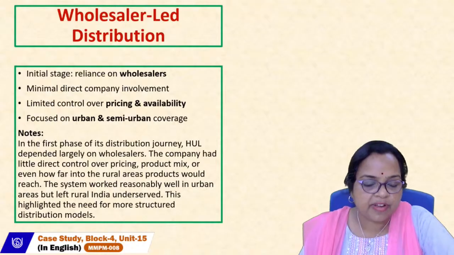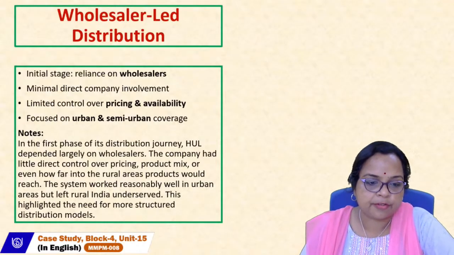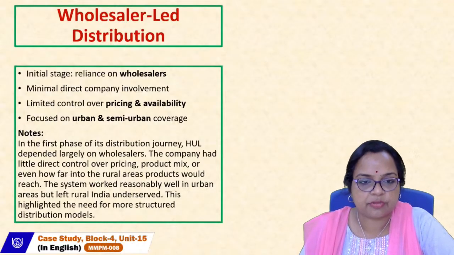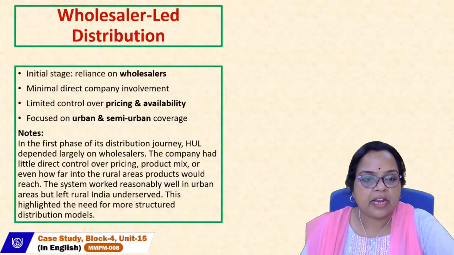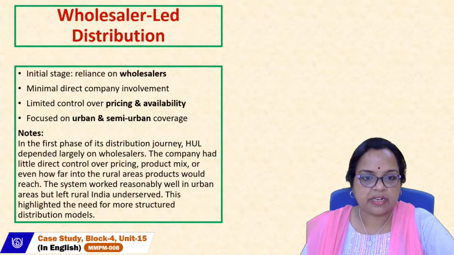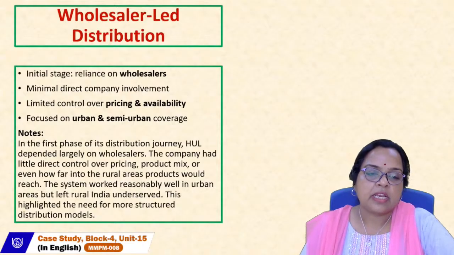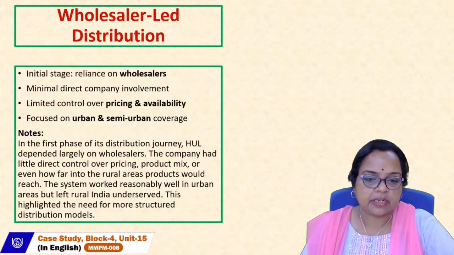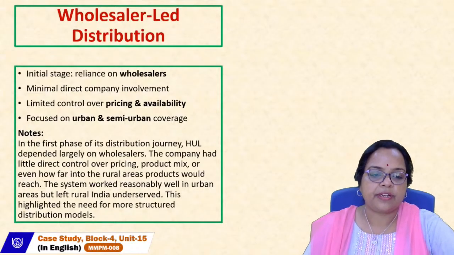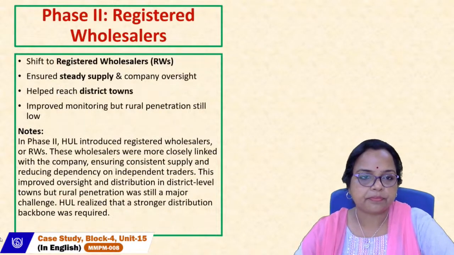So the initial stage of HUL relied on wholesalers, with challenges like minimal direct company involvement and limited control over pricing and availability. They wanted to structure the entire distribution channel through an innovative distribution model.